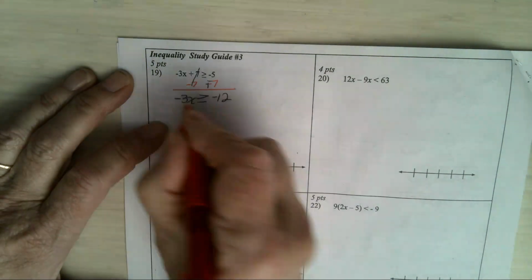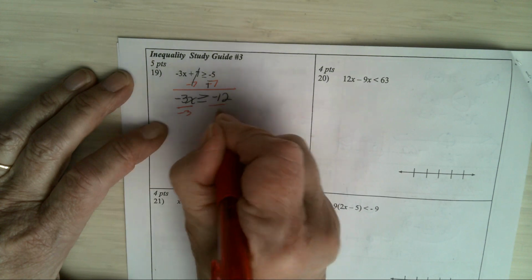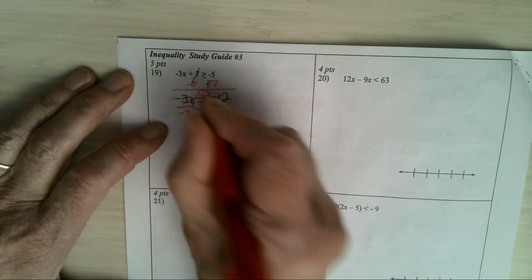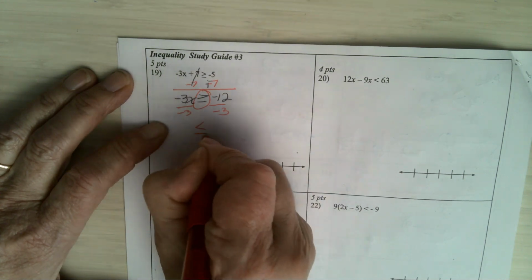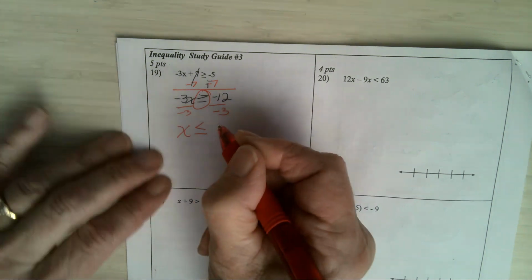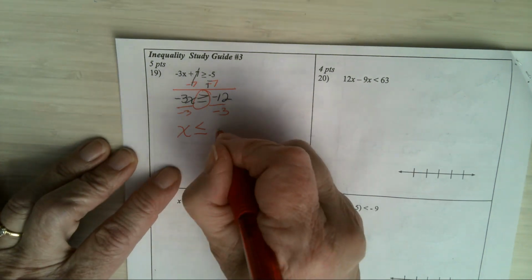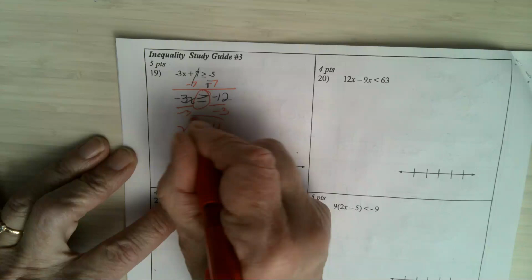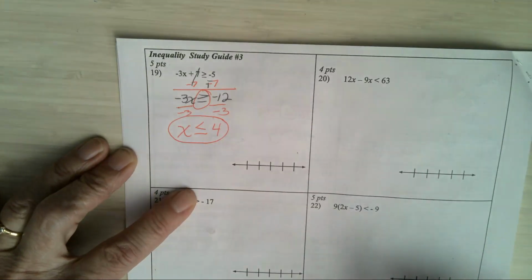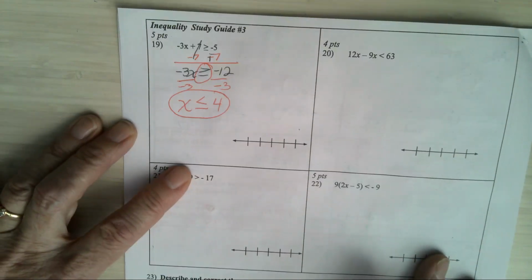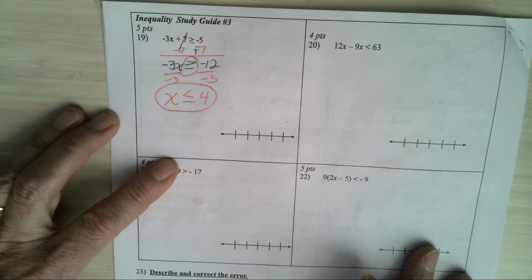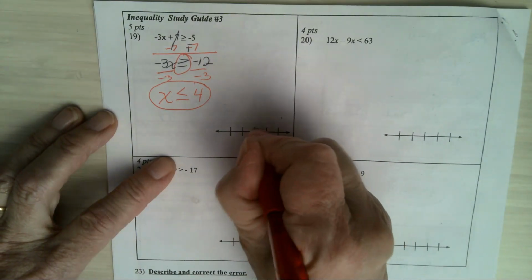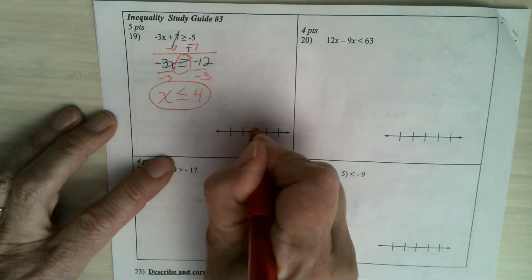Divide by negative 3, divide by negative 3, flip that inequality sign, and x is less than or equal to a positive 4. Negative divided by negative is positive. Close circle on the 4 going to the left.